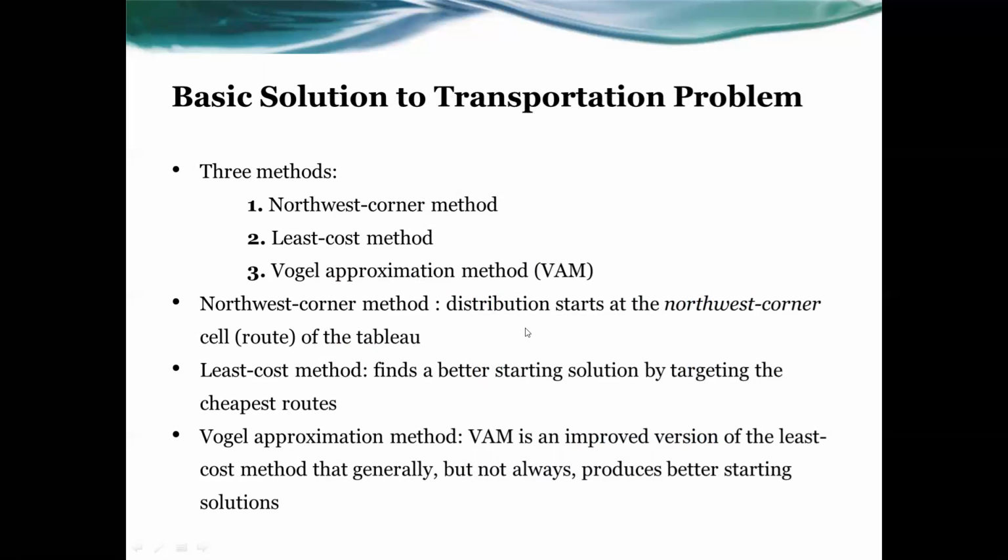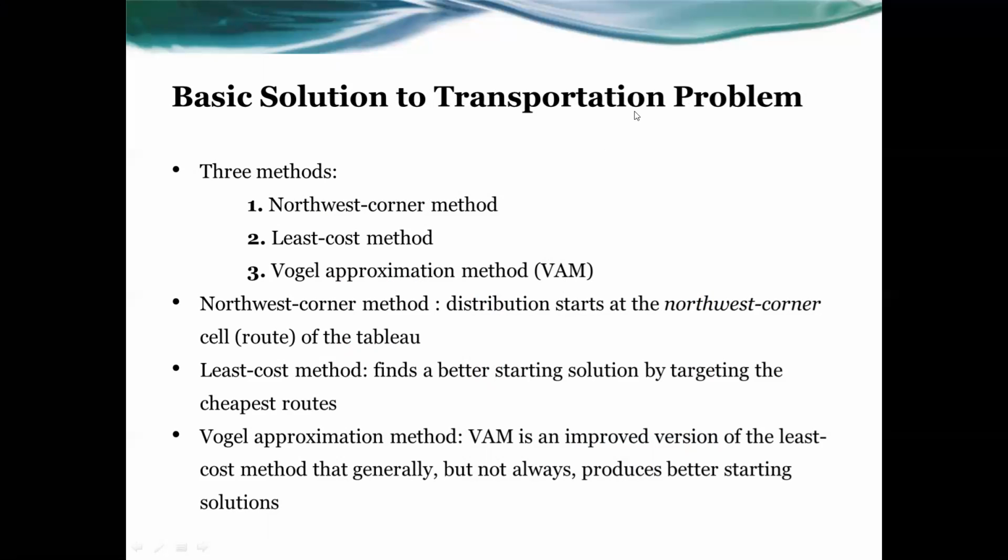Please remember, first of all we are finding a feasible solution, not the optimal solution. What is the problem? We want to identify the least transportation cost to fulfill our market demand using three different supply sources.